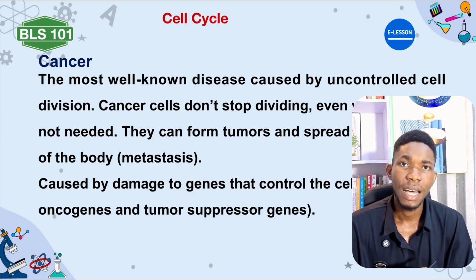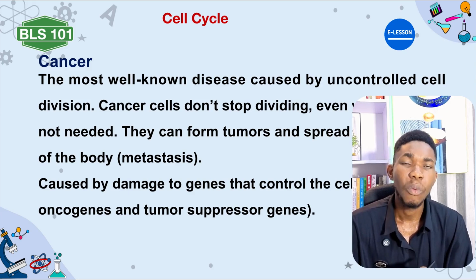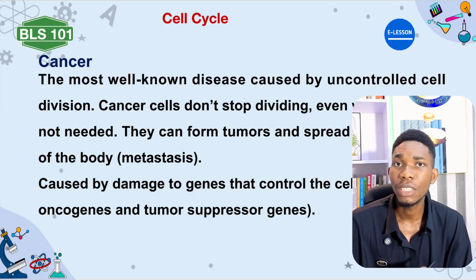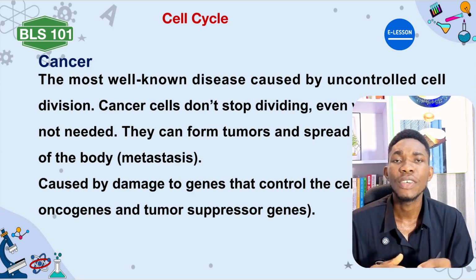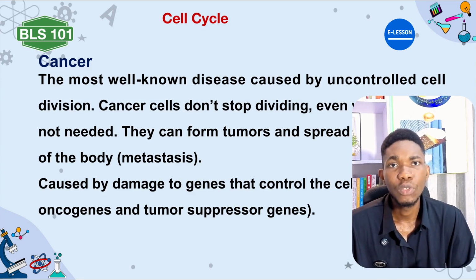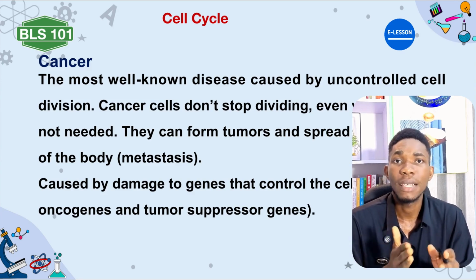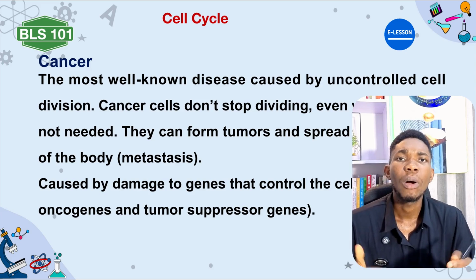There are genes that check or put this cell division in place to ensure that when there is need for division, the cell divides, and when there is no need for division, the cells stop dividing. Or we could say that there are genes that regulate how the cells divide, to keep them in place or to checkmate their activities. If there is a fault with these genes, you will now have what we call uncontrolled cell division.